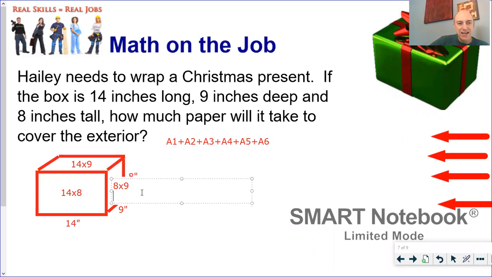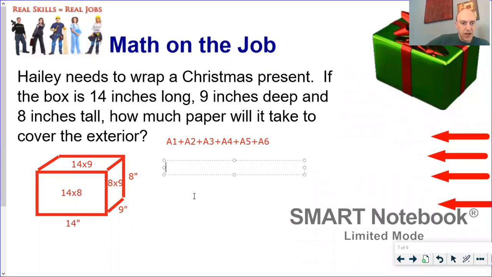And notice I'm saying 8 by 9, and I'm writing 8 times 9. So when we talk about by, like 8 by 14 or 8 by 9, those are dimensions, but the by also means a multiplication for the area. So we have 2 surfaces, front and back, that are 14 by 8. Let's start a new text box.